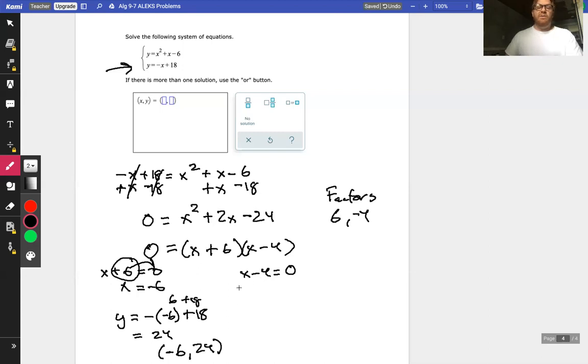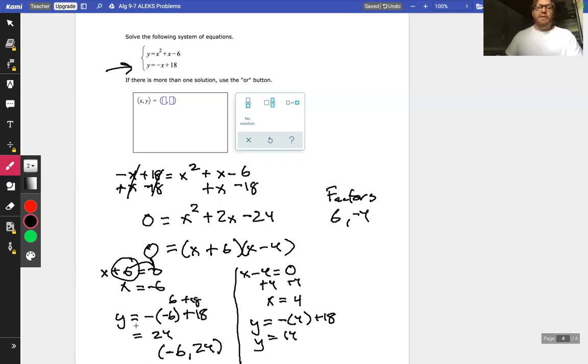All right, and now let's do this right here. So we got x minus 4. Add it to both sides. I'll do this one drawn out just because I started it. So x equals 4. So let's put it in the equation. So we have y equals negative, plug in my 4, plus 18. Well, that becomes negative 4 plus 18, which is 14.